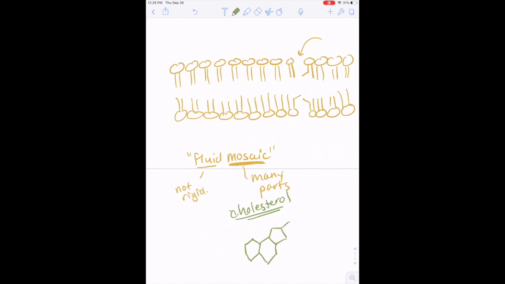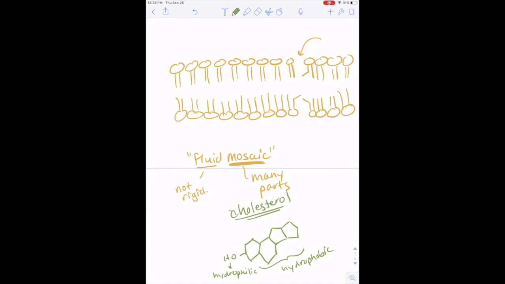I'm pretty sure this is incorrect in the drawing, but you'll get the gist. 4 rings, nothing but carbon and hydrogen, and then just a little alcohol group down at the end. This alcohol group is hydrophilic, likes water. The rest of this is hydrophobic, hates water.